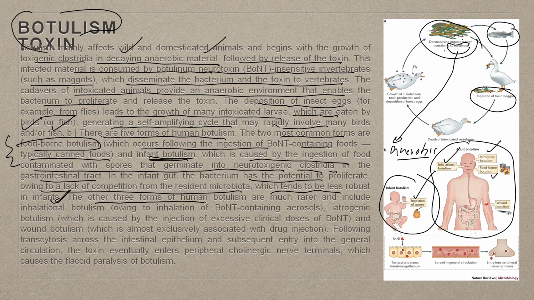The other 3 forms of human botulism are much rarer and include inhalational botulism owing to inhalation of BoNT containing aerosols. So, that means when you talk about these aerosols, this could be a potential bioterrorism agent.